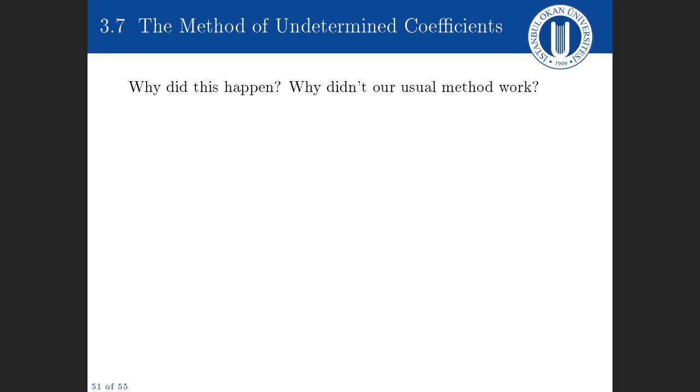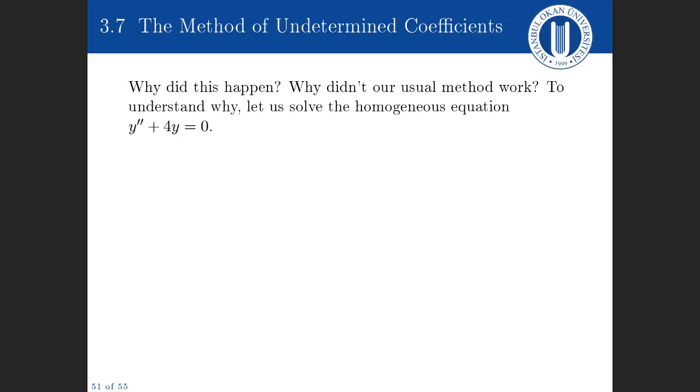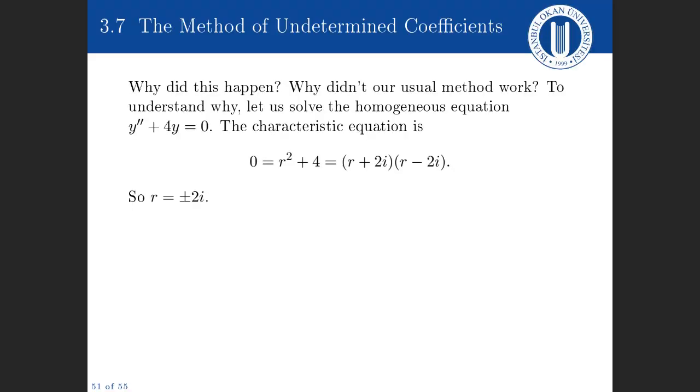Why did this happen? Why did our usual method not work? To understand this, let's solve the homogeneous equation corresponding to our differential equation. Take our differential equation and replace g(t) by 0. We get y double prime plus 4y is equal to 0. The characteristic equation is r squared plus 4 is equal to 0, and the roots are plus or minus 2i.